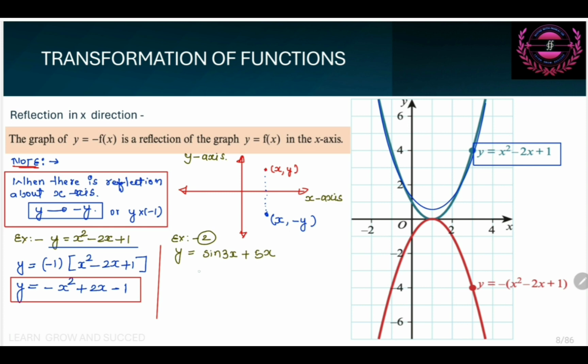Find the reflection in x direction, a reflection about x-axis. So y equals minus 1 into the original function, sine 3x plus 5x. So basically it becomes minus of sine 3x plus 5x, sorry, minus 5x.